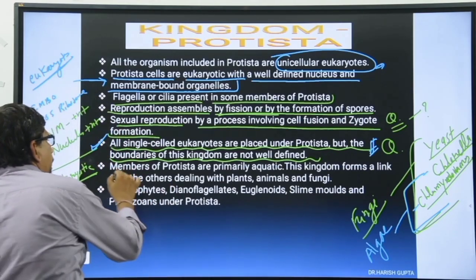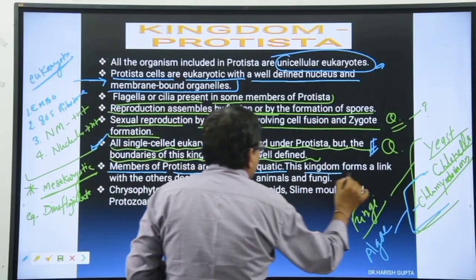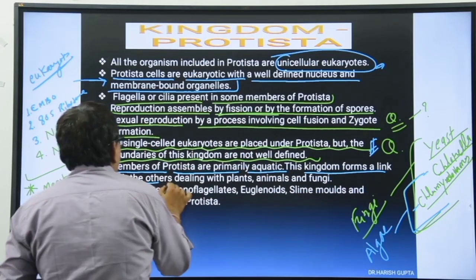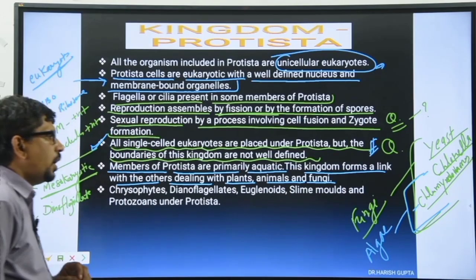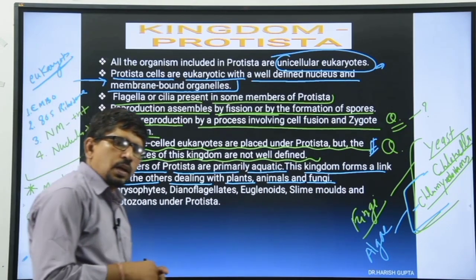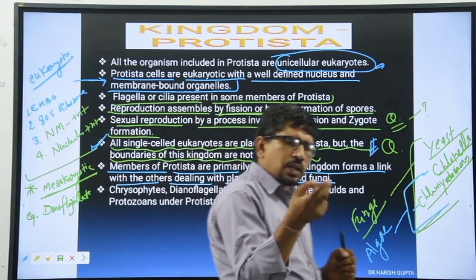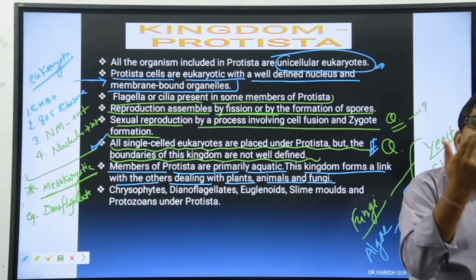आगे चलते हैं. Members of the protista are primarily aquatic, जनरली एक्वेटिक होते हैं. This kingdom forms a link with the other dealing with the plants, animals and fungi. What is the meaning of that? मैंने आपको बताया था how the protista is formed. Protista कैसे बना था? Two kingdom classification, then three kingdom classification. A three kingdom classification proposed by Haeckel.